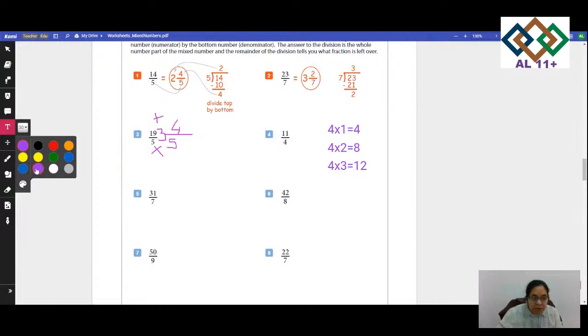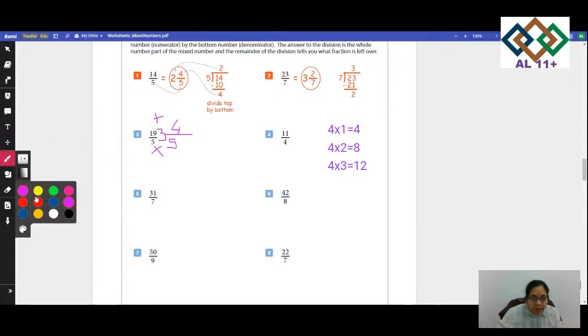So now, what would you do? Now you will be writing 4 here. What did we multiply by 4 to give you 8? That's 2. Remember, down one is multiply and the top one is add. 4 twos are 8.